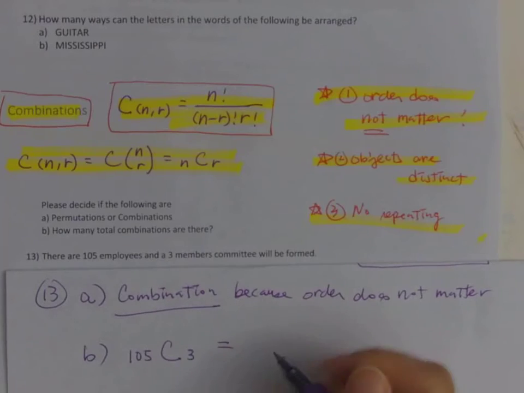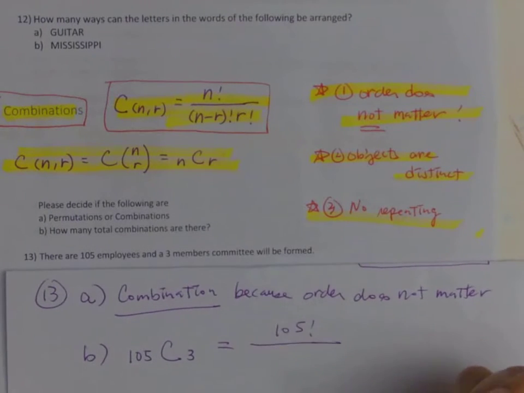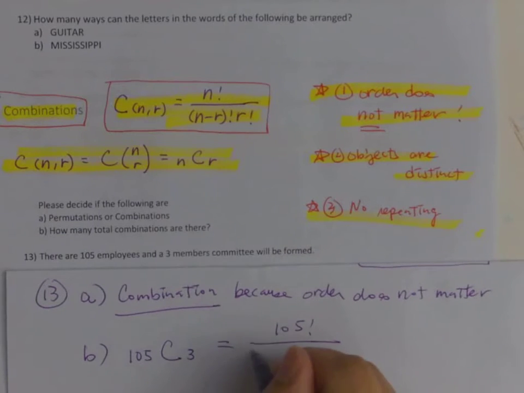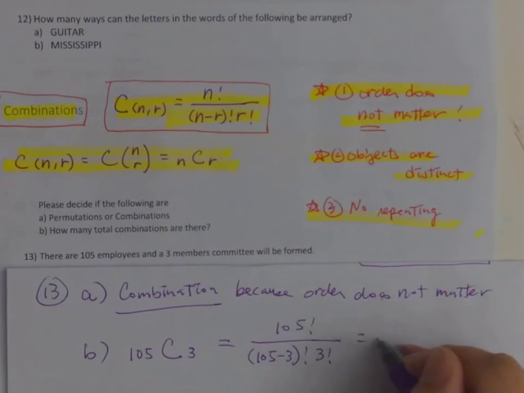Plug in this formula: 105 factorial divided by 105 minus 3 factorial, and then we also need a 3 factorial, right? So that would be 105 factorial over 102 factorial times 3 factorial.